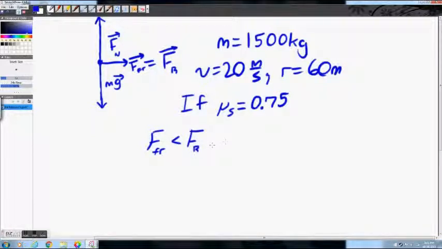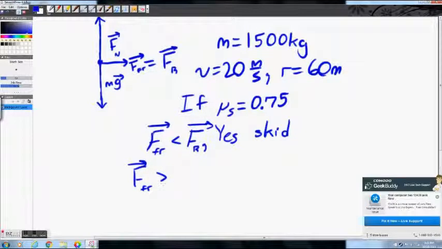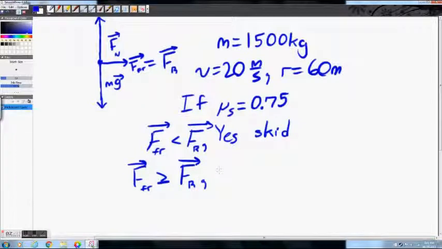In the case of an unbanked curve, the radial force is supplied wholly by friction. However, if the force of friction is less than the radial force required to round a curve of radius r at a given velocity v, then the car will not follow the curve, and it will skid.